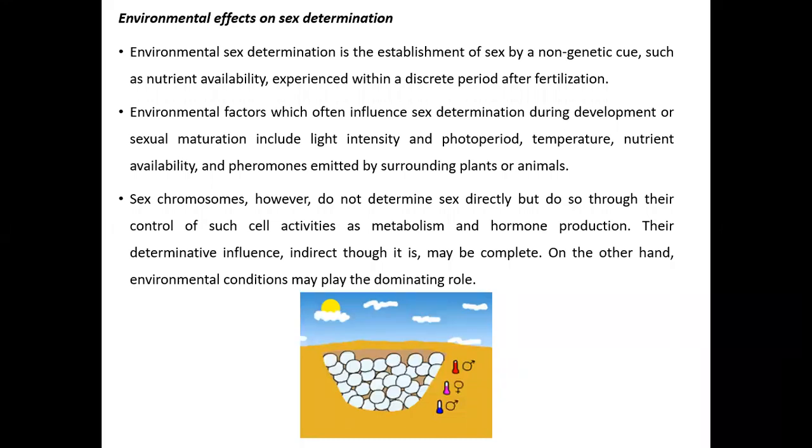Environmental factors which often influence sex determination during development, or sexual maturation, include some of the natural calamities, that is light intensity, photoperiod, temperature, nutrient availability, and pheromones, which are emitted by surrounding plants or animals also.